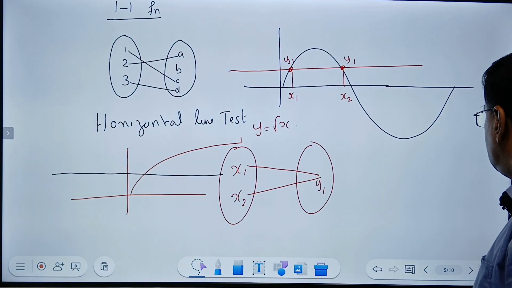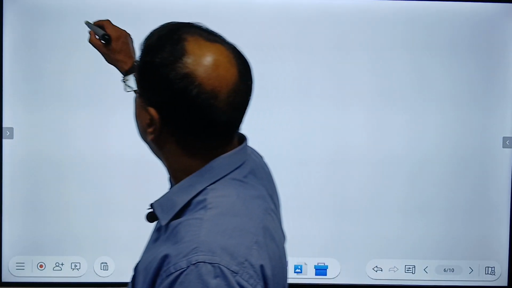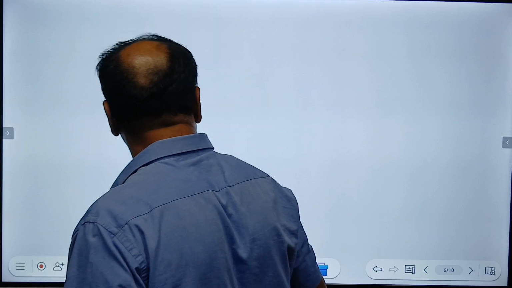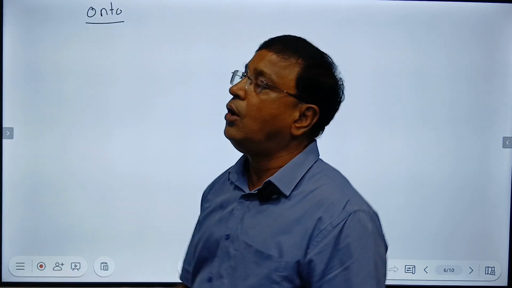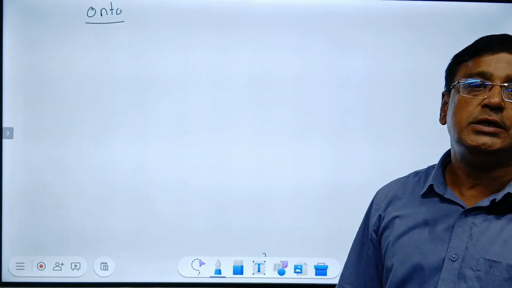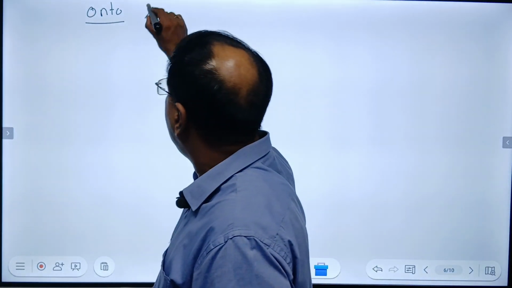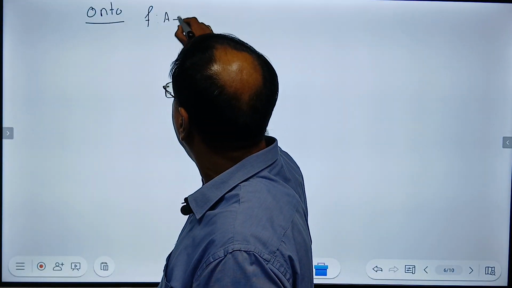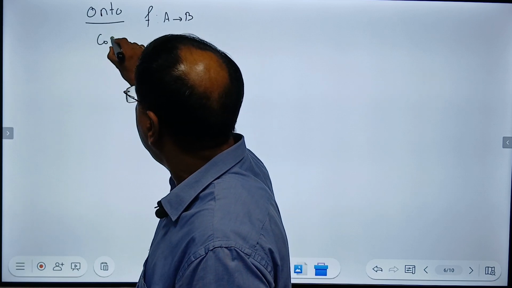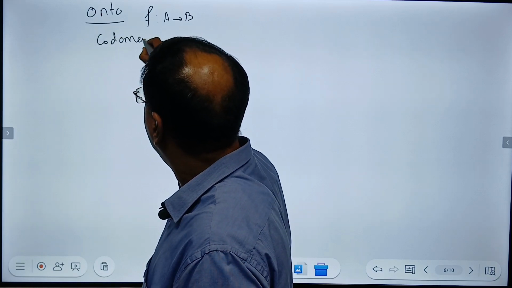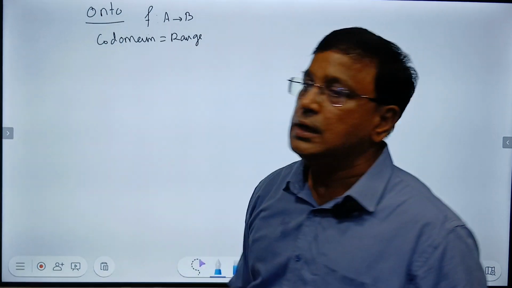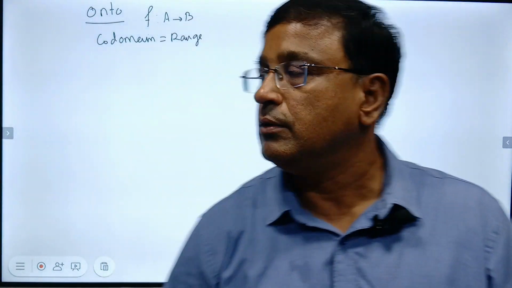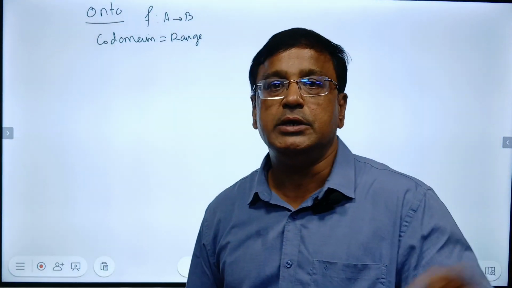Now the next type of function is onto. What is onto function? Onto means codomain and range are equal. If f is a function from A to B, my codomain equals range, or in other words, every element in the codomain, that is B, has a pre-image.